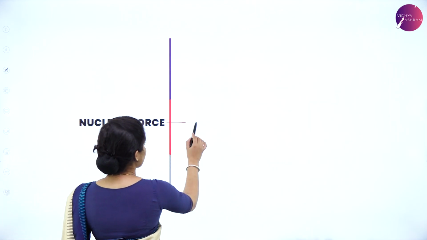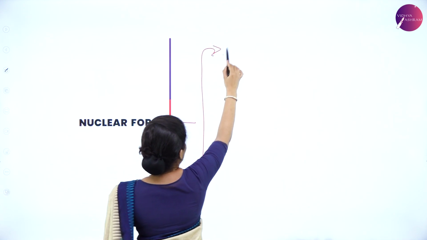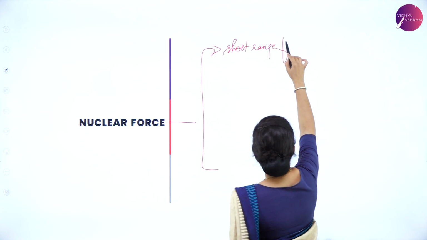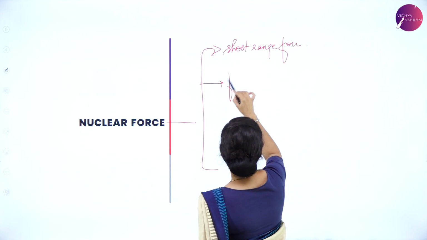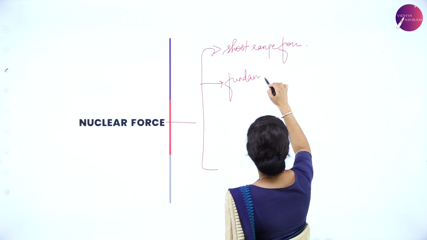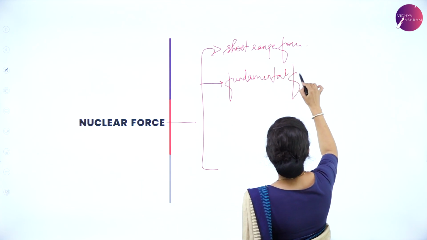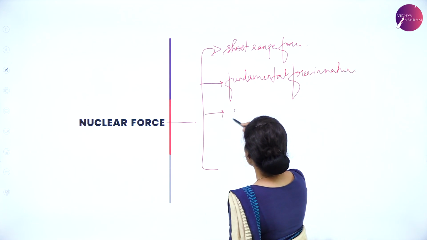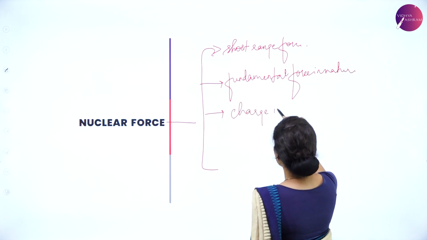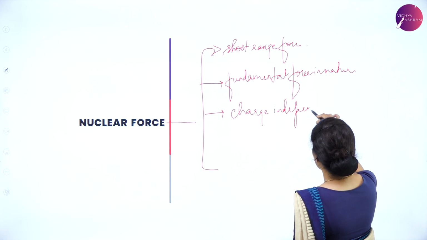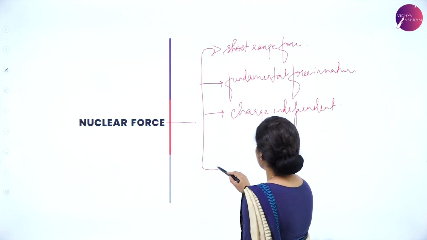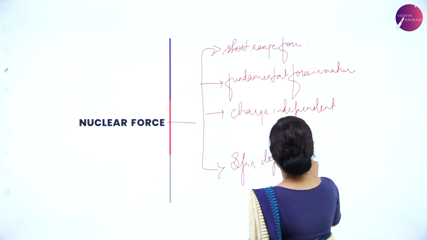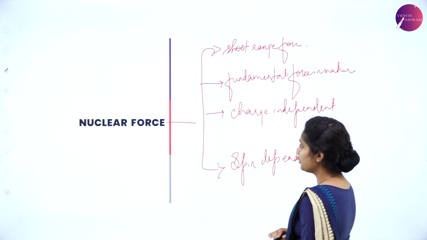And next we have nuclear force. So what is a nuclear force? It is a short range force, one of the main fundamental forces in nature. It is charge independent. It is a spin dependent force.